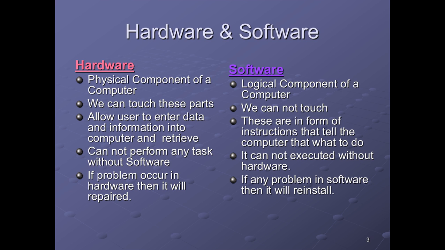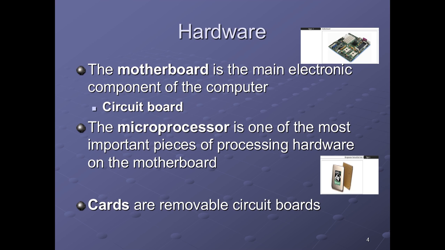Now hardware. You already know about the hardware very well if you are a computer student. Motherboard is the main electronic component of the computer, a circuit board. Microprocessor is one of the most important pieces of the processing hardware on the motherboard.